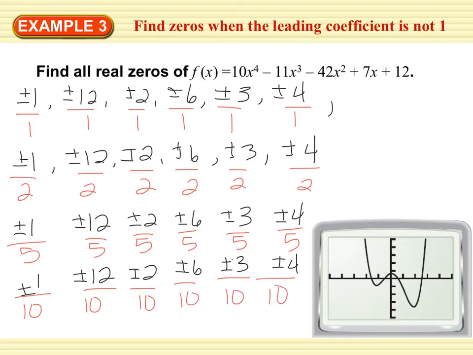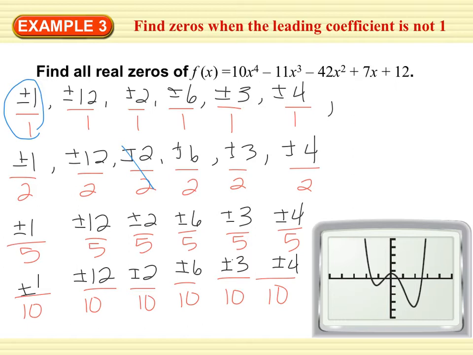All right, so let's try to find our duplicates. I've got plus or minus 1 over 1. So let's look for all the other ones that are 1 over 1. That one might be it.